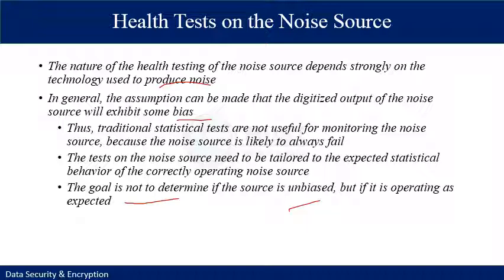So health tests are used to actually check the working of the true random number generator source, that it is working properly and it is not producing a biased input due to some error in the digitization of the noise produced by the entropy source.